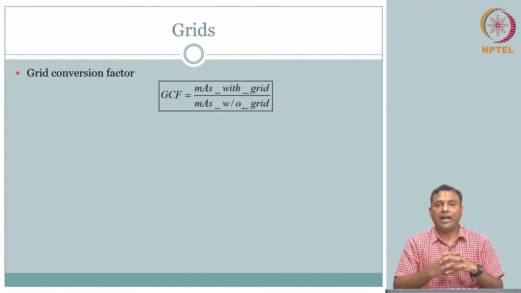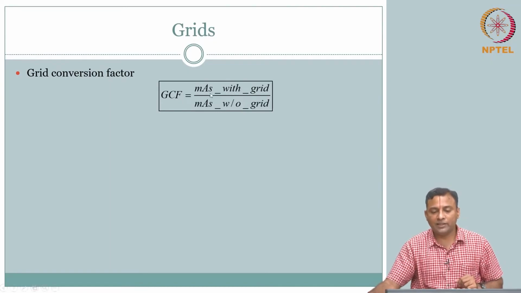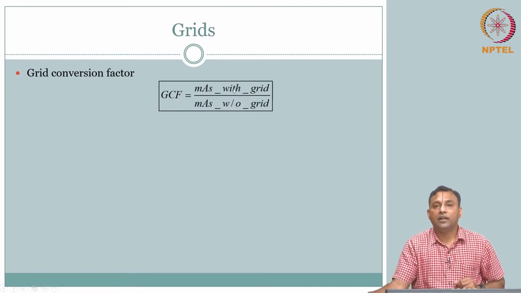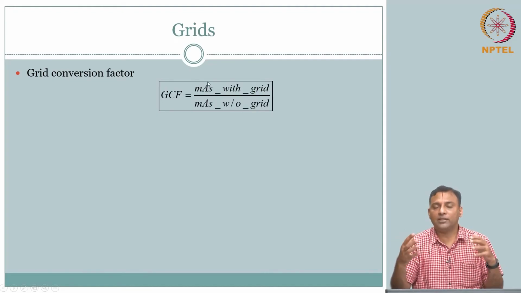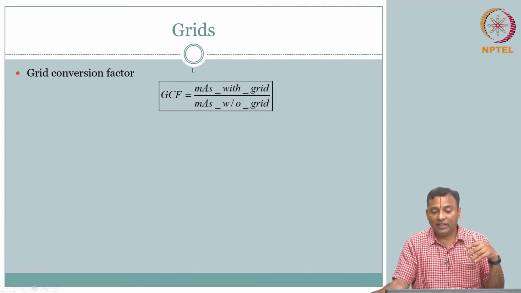If I don't have a grid, I have some exposure without grid. So, there is some n number of photons coming, but the scattering is also high. If I have a grid, your scattering is low. So, what do you think this ratio is going to be?